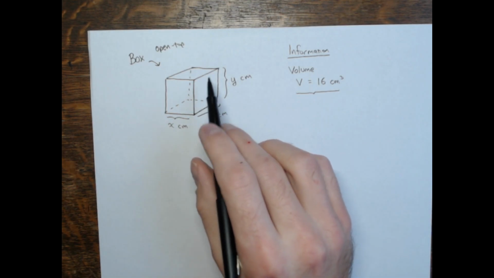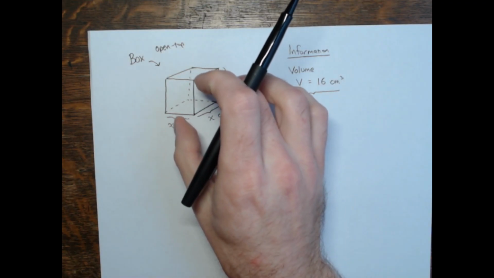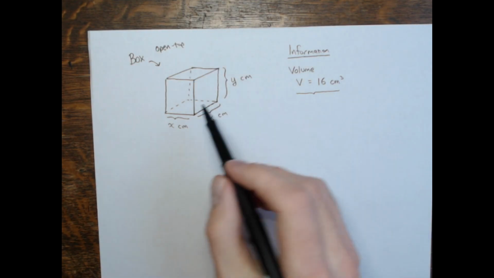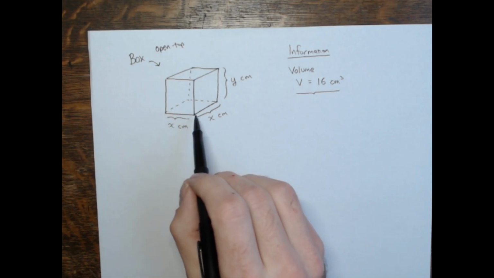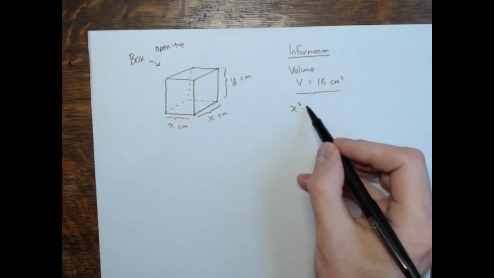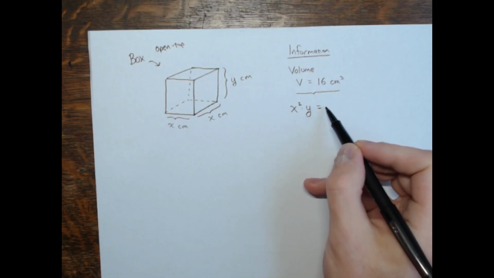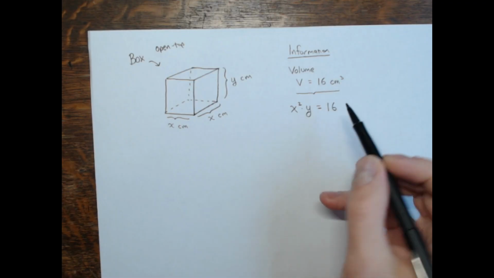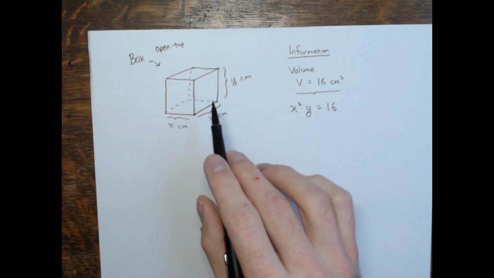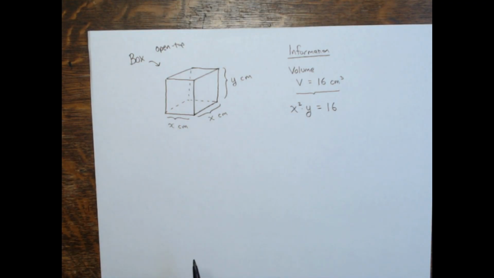Well, remember, the volume of a box is how much is inside the box, how many cubic centimeters fit inside the box. And that would be for a rectangular box just length times width times height. So that's x times x, or x squared, times y must be 16. So there's a nice little equation relating the information I was given to the dimensions of this box that they gave us.